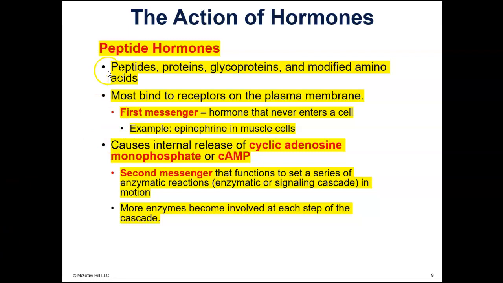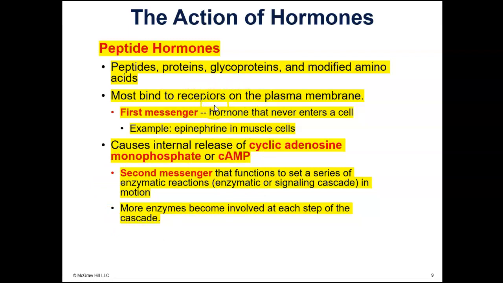So just to make sure you understand, peptides, proteins, glycoproteins, all are chains of amino acids. And then there's modified amino acids. So peptide hormones basically are going to consist of amino acids. Now, most peptide hormones bind to a receptor on the plasma membrane of the target cell.